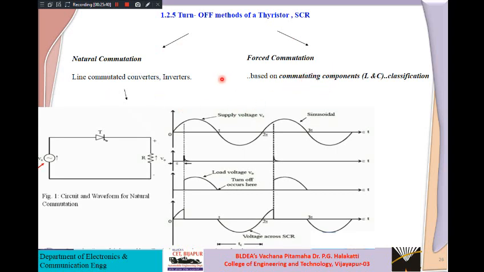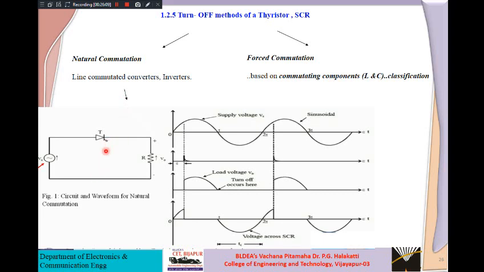In forced commutation, we take the help of some external circuitry that forces your thyristor or SCR to turn off externally, either by bringing its forward current below the holding current. That we will discuss separately. Now we'll continue with natural commutation.